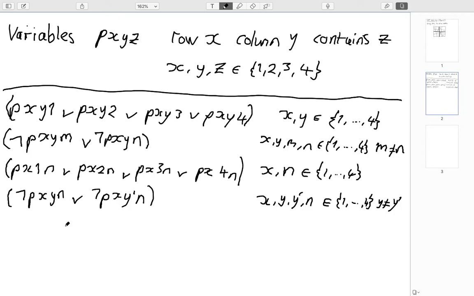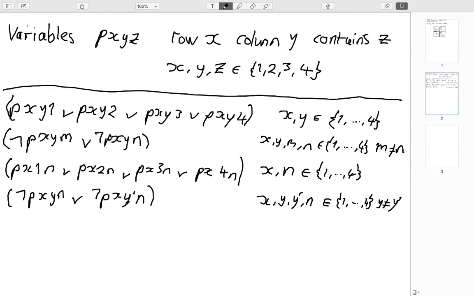For example, if we've got row 1 and number 1, so x is 1 and n is 1, we will have one clause saying that 1 does not appear both in the column y equals 2 and the column y prime equals 3.